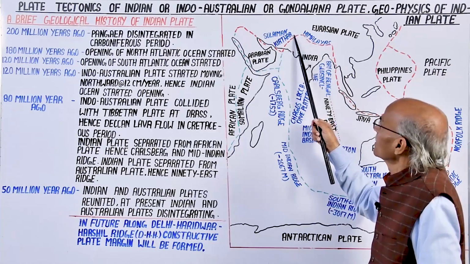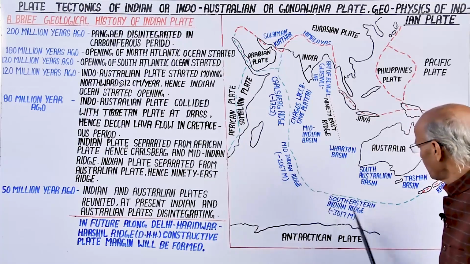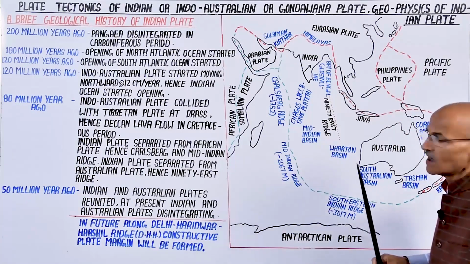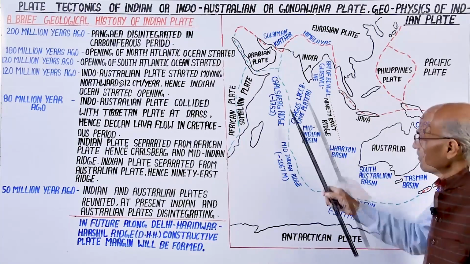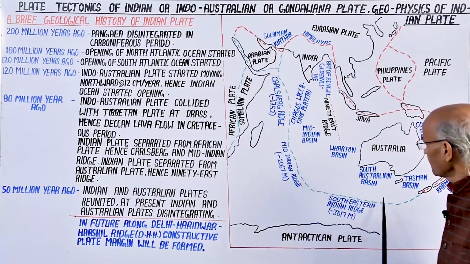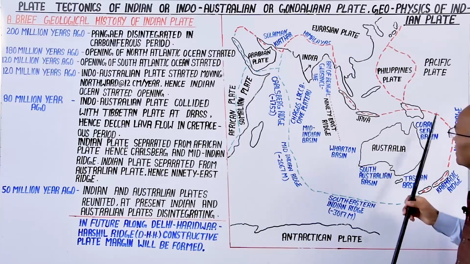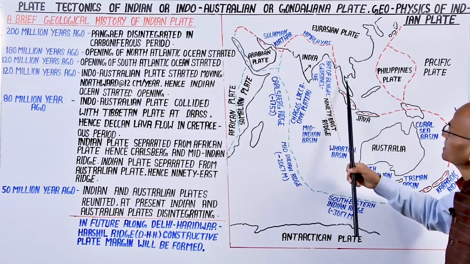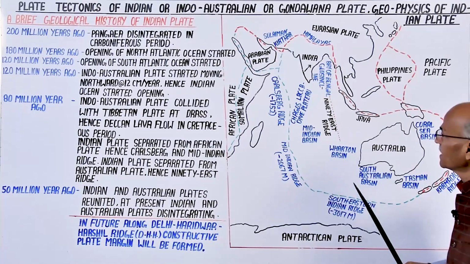Now we have completed one journey of the Indian plate margin, where submarine ridges are located and volcanic eruptions are taking place. Contrary to it, its eastern, northeastern and northern margins are destructive.